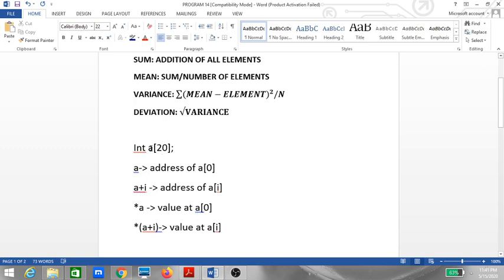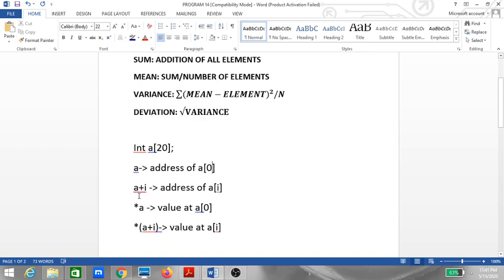Now if you just use the name of the array a, it means that you are referring to the address of a[0]. Every element in the array has an address, and the starting address of the array will be represented by the array name itself. This is very important to understand. If I write just the array name without using an index, that means I am referring to the address of the first element.